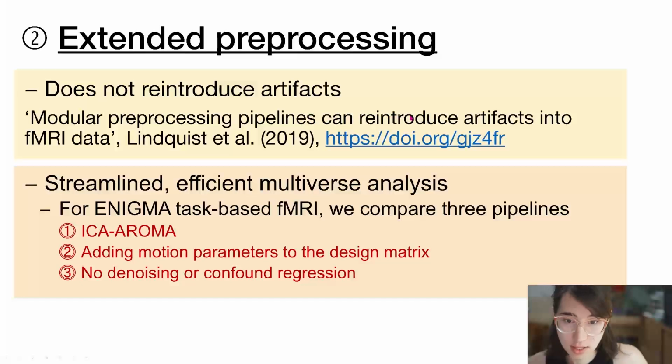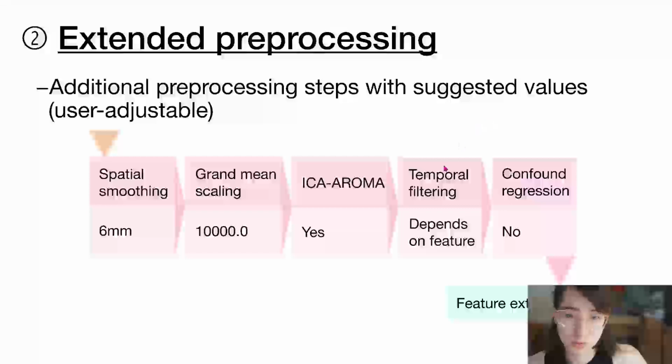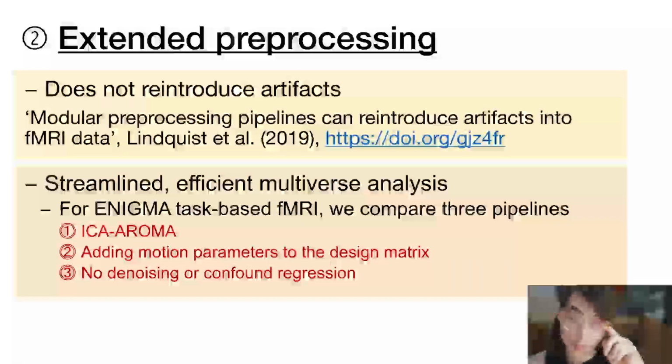So actually, it was shown a few years ago that this can reintroduce artifacts. When you do temporal filtering here, it might reintroduce some noise that you already removed with ICA-AROMA, and so on. But HALFpipe takes care that this does not happen.